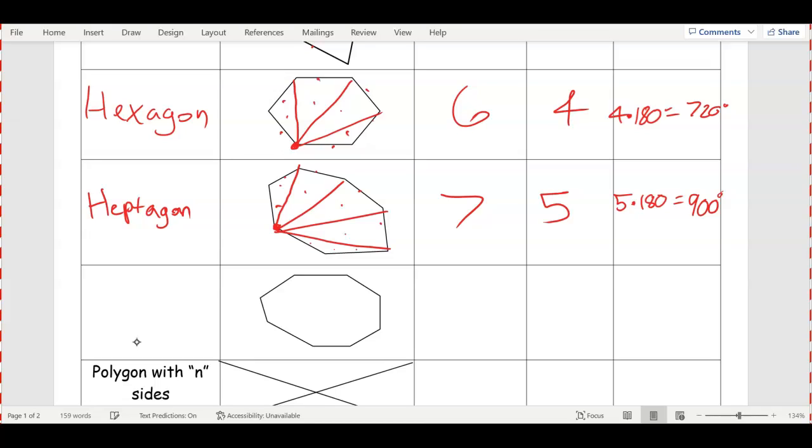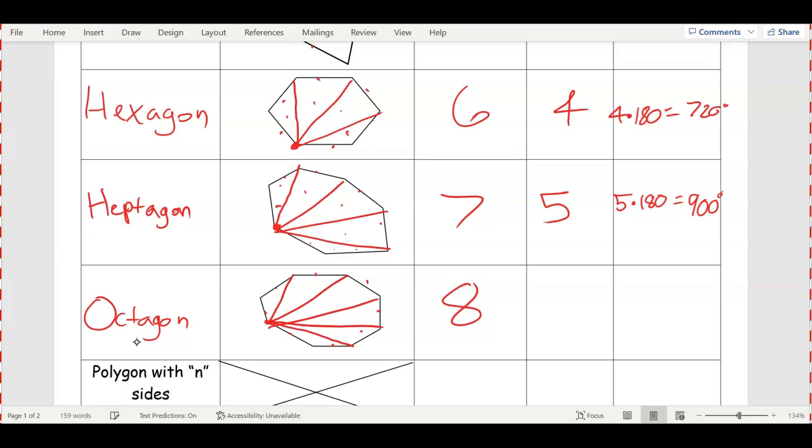Okay, last one here before the bottom. 1, 2, 3, 4, 5, 6, 7, 8-sided figure. It's called a what? Octagon, like a stop sign. This is the weirdest looking stop sign. So again, pick a vertex. 1, 2, 3, 4.